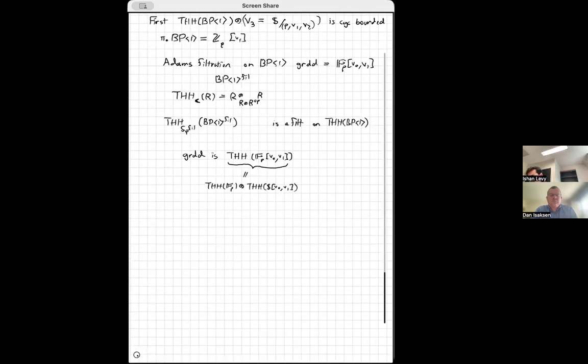And again, using the symmetric monoidality of THH and the fact that this construction is functorial and symmetric monoidal colimit preserving, you can see that this is the same thing as THH of F_p tensored over F_p with THH in the category of F_p-modules in spectra of F_p adjoin v0, v1. And this has another name. This is the Hochschild homology.